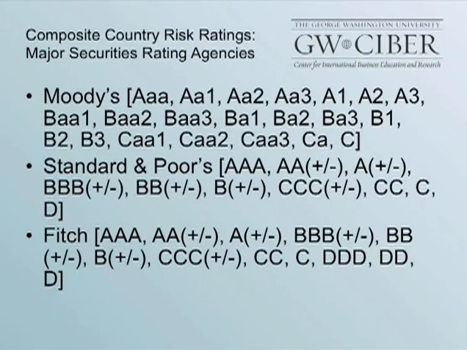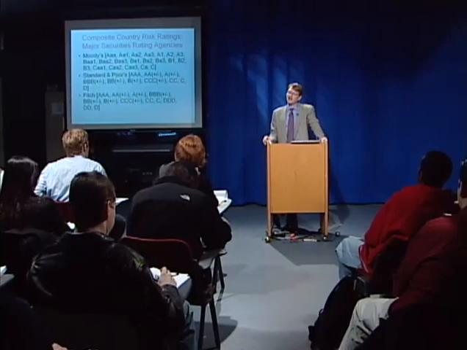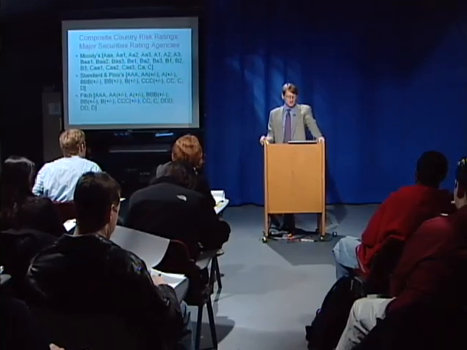Typically it's for a country that's interested in borrowing internationally, so that they would seek a rating to convey to potential bond buyers the level of risk associated with buying a bond from that country. Moody's, Standard & Poor's, and Fitch all have rating scales with 20 to 25 notches, and you see them listed here. A country like the United States is routinely rated AAA by all of these, but some of our neighbors are not, and most of the developing countries are not.